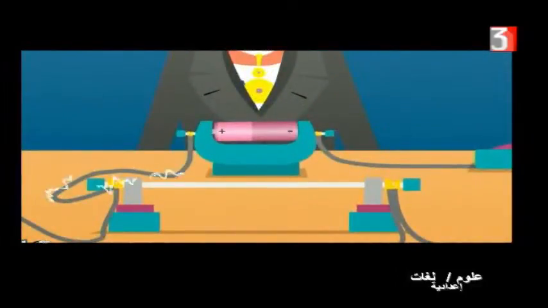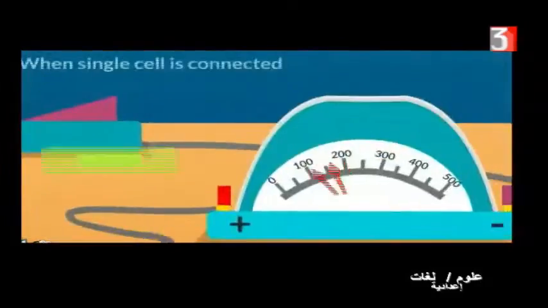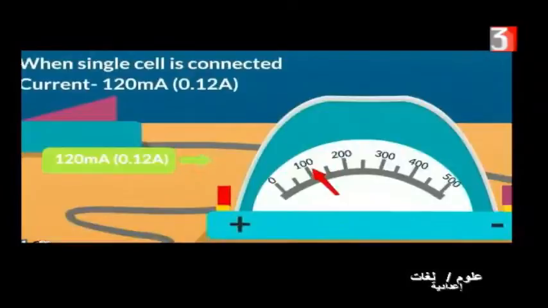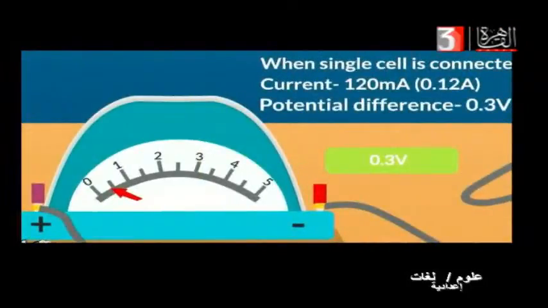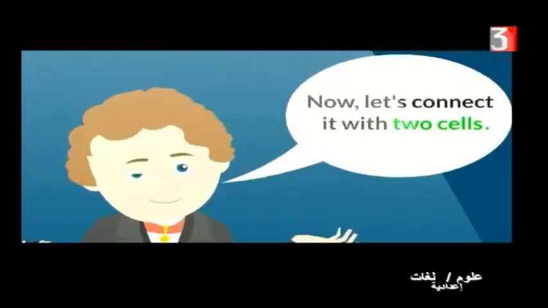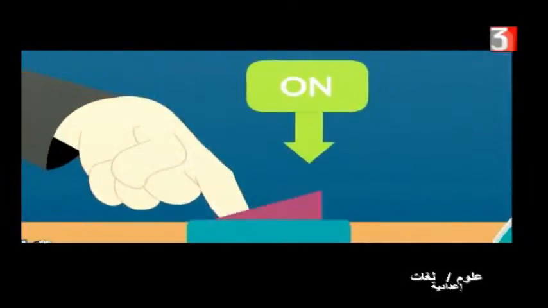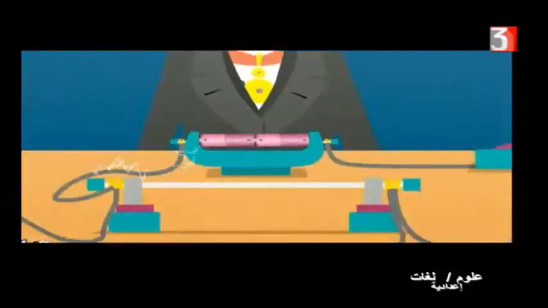We can see that electric charges are flowing across the circuit. First, we measure electric current intensity and potential difference and record the results. First, we connect one battery, then we connect two batteries.